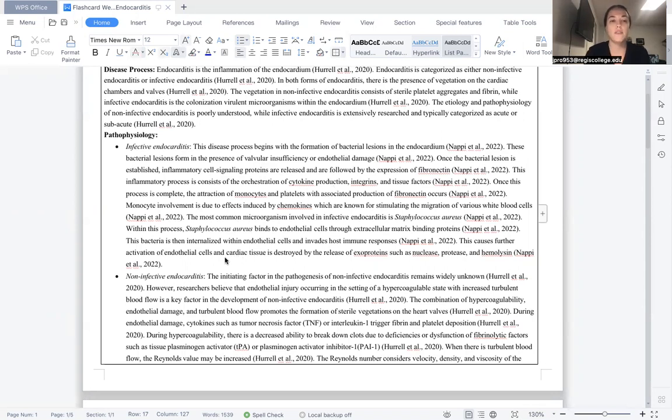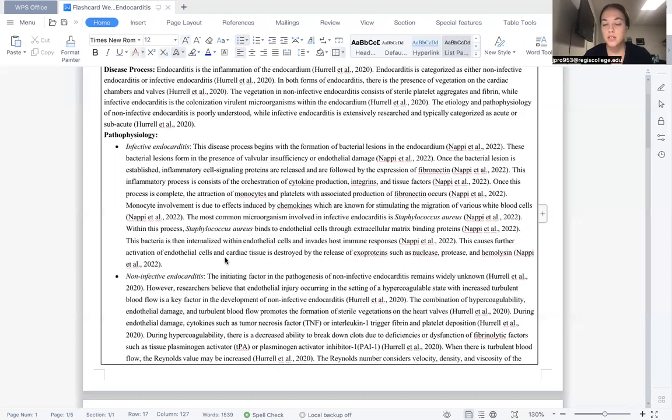So starting with the pathophysiology of infective endocarditis, we know that this disease process begins when there's a formation of bacterial lesions within the endocardium. Those lesions form because of the presence of valvular insufficiency or endothelial damage. Those predisposing factors will be gone over in the risk factors section.